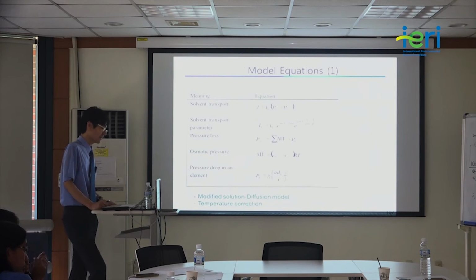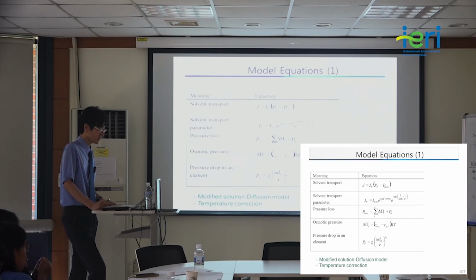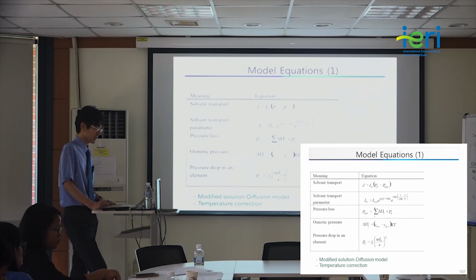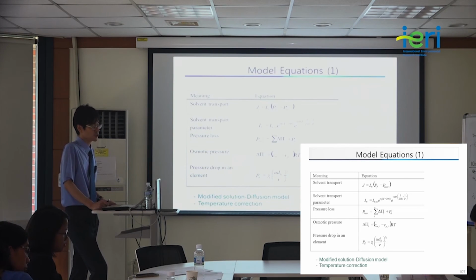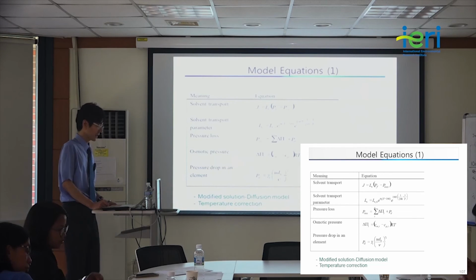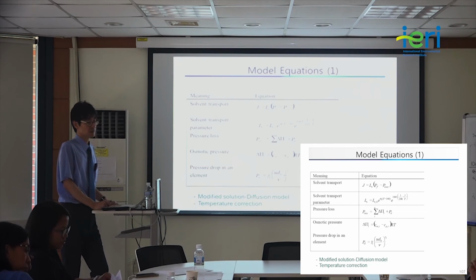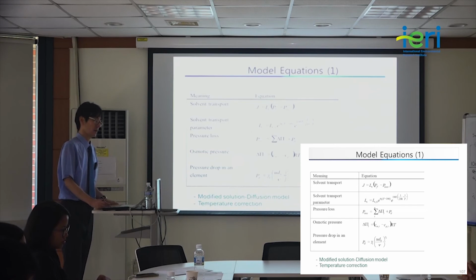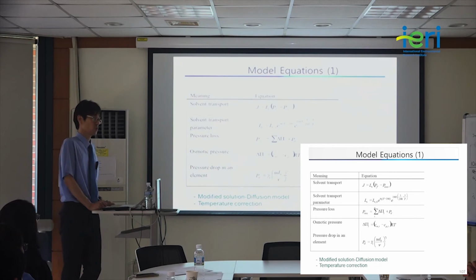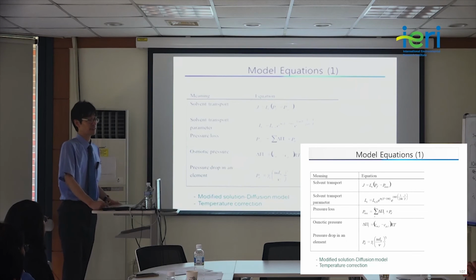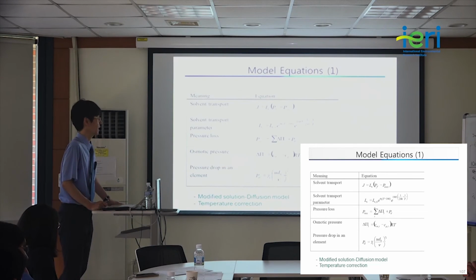In order to have this kind of calculation, we needed a theoretical model and some computer software to estimate how much flux, how much pressure, how much energy consumption will be given. Here I don't want to explain details about the theoretical model, but I want to show you some of the meaning of these equations because that may be instructive and useful for a qualitative understanding of this desalination.